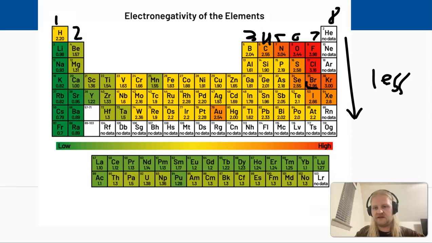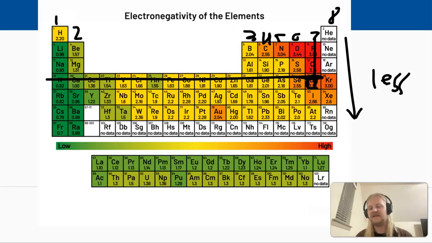Bromine is in group 7, period 4. Sulfur is period 3. Still not as electronegative as bromine. So as you move from left to right, you become more electronegative. As you go from top to bottom, you become less. Okay.